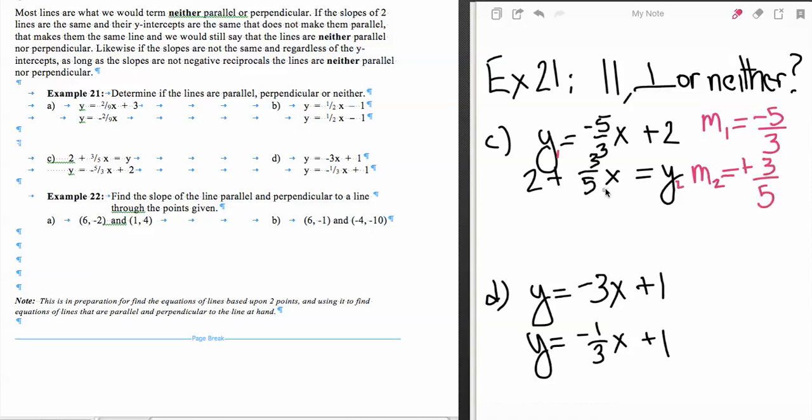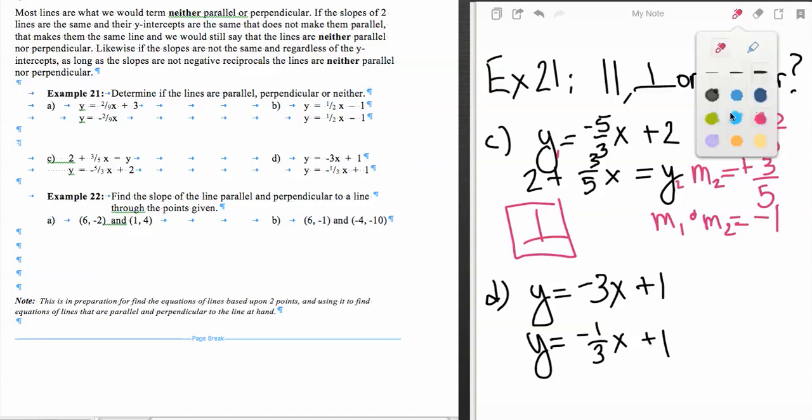I could do it that way and go, yep, bingo, that's true, and so these things are perpendicular. Or remember, I could do M1 times M2 is equal to -1, and either one of those will prove that these are perpendicular.